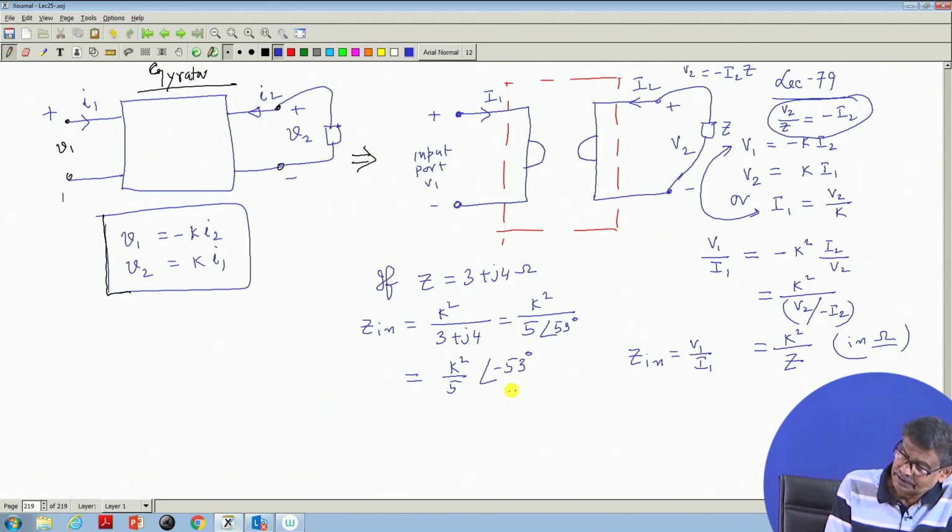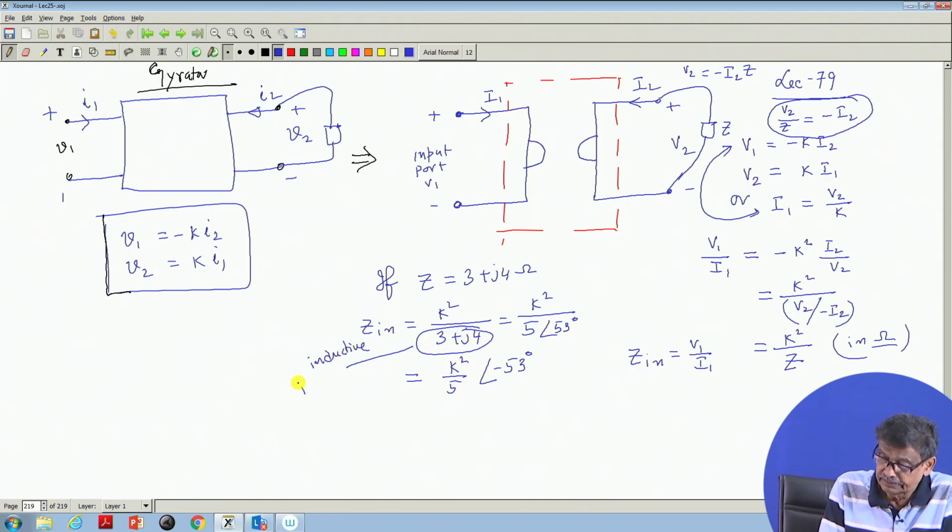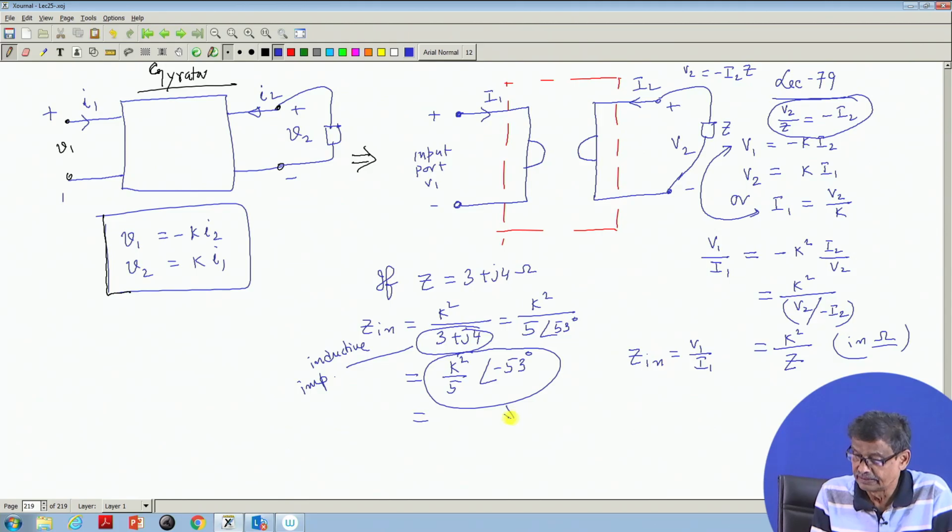Now, what is this impedance? 3 plus j4 was an inductive impedance, R and L inductive impedance, but if you break this one up, it is a capacitive impedance, capacitive RC.